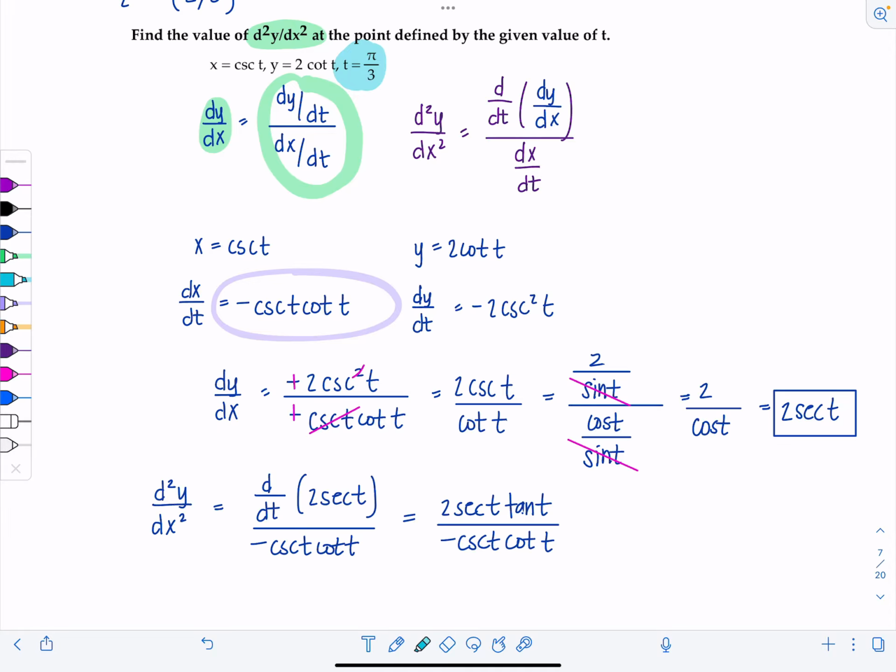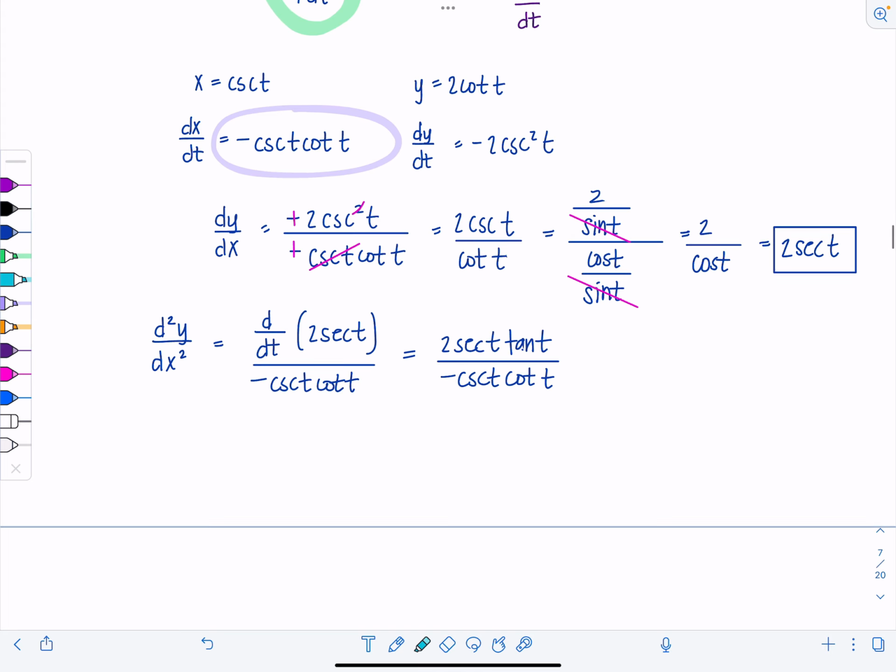I'm just going to clean it up more just so we have more practice. I feel like a little extra trig never hurt anybody. So, 2 secant t, that's 2 over cosine t, times tangent t, that's sine t over cosine t. And then I'm already going to start flipping stuff. Cosecant t in the denominator means I have sine t in the numerator, right? And then let's just bring that negative in the front.